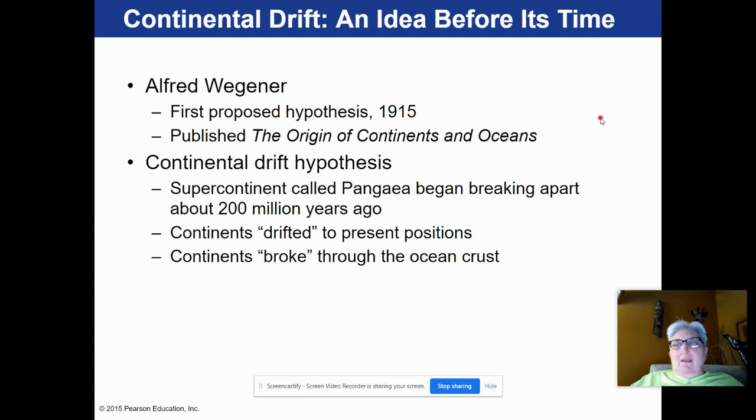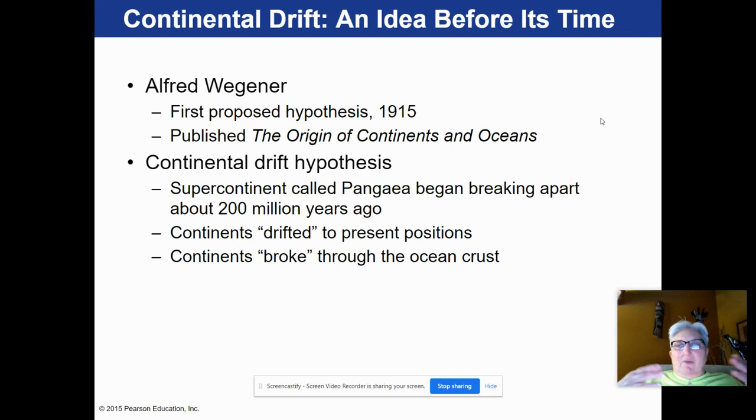Now, the first thing, in the early part of the 1900s, we had a scientist by the name of Alfred Wegener. And Wegener, or Wegener, you might hear it pronounced in some places, published a book called The Origin of Continents and Oceans.